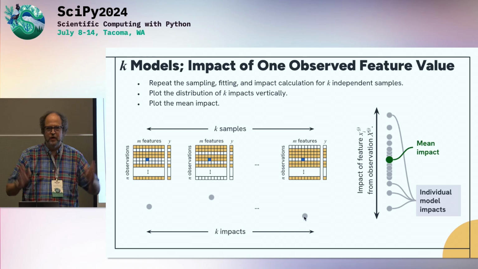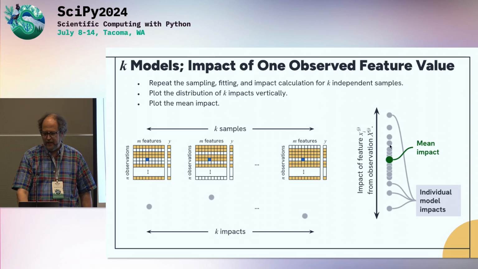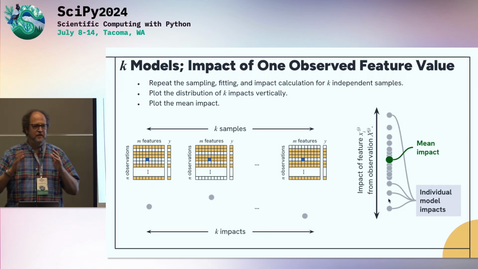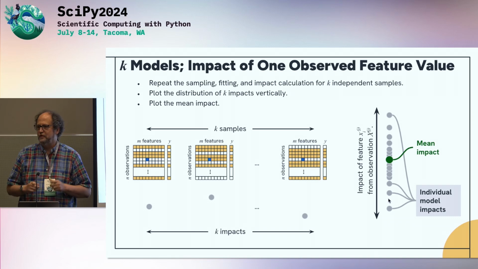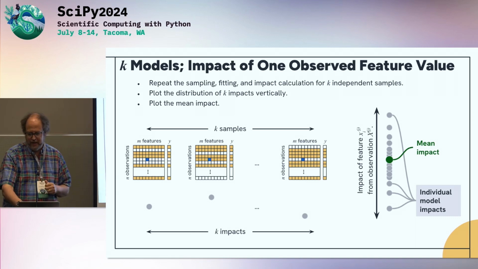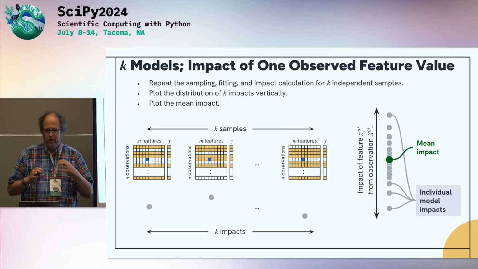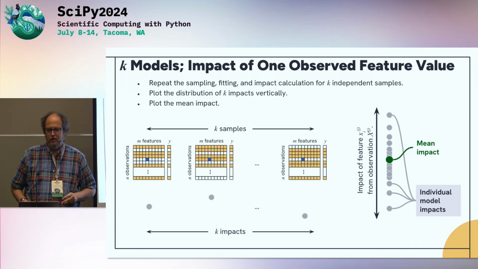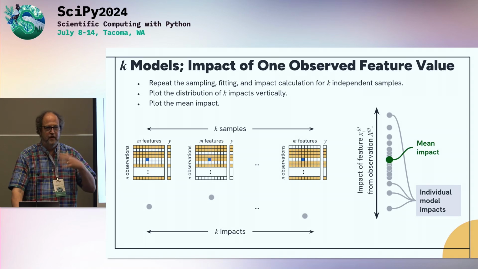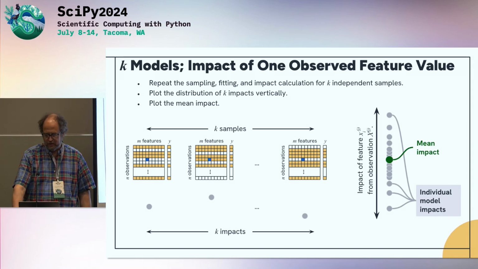And what I'm going to do is align those all above each other, plot them vertically like this, and you can see these gray dots give me kind of the distribution of what those Shapley values were, and then I put a green dot at the mean in the middle. So I'm essentially saying, for all these models, what does the distribution of the Shapley values look like?